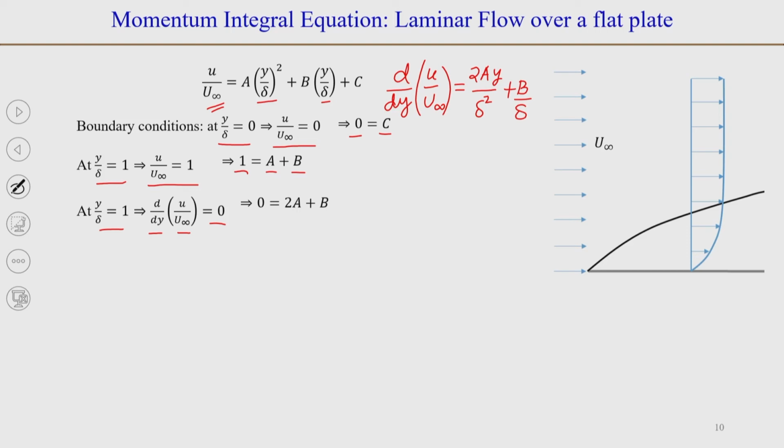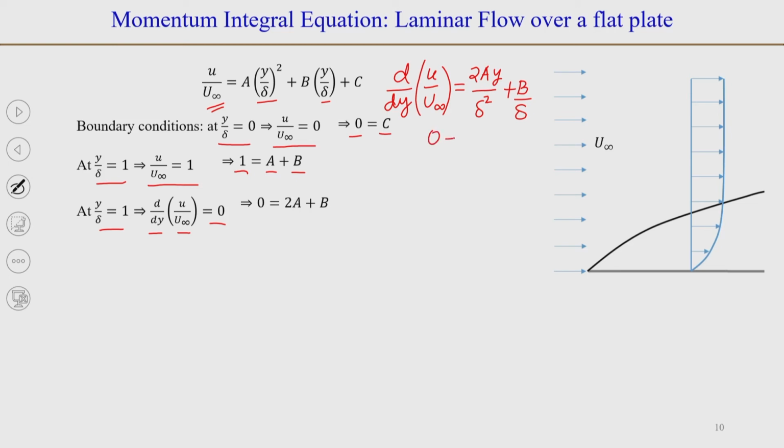When we have y is equal to delta, then this is equal to 0.